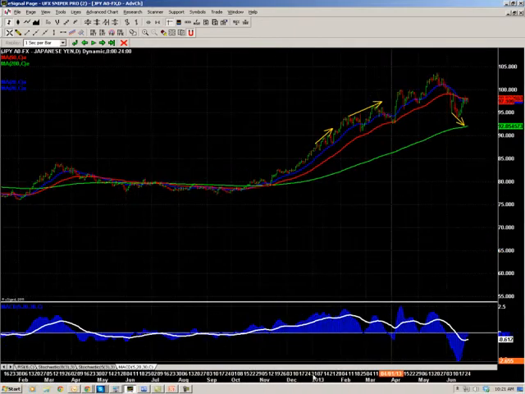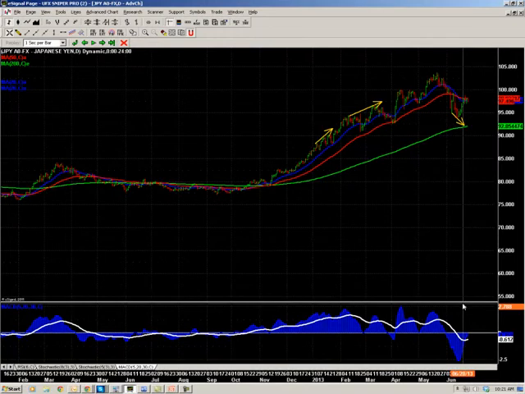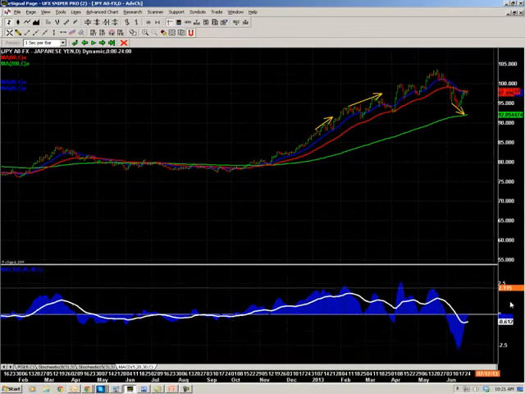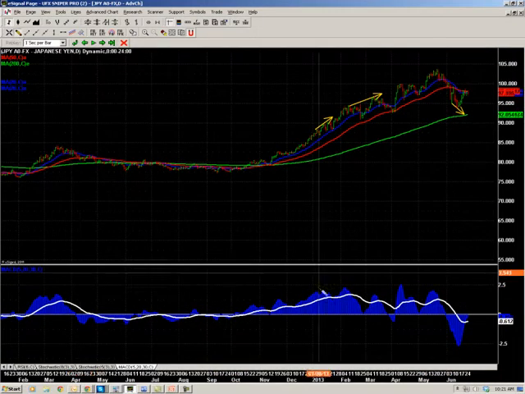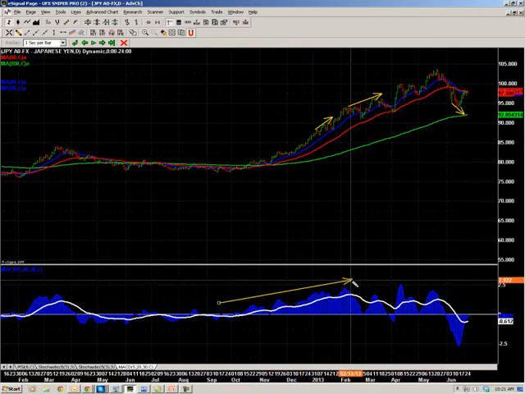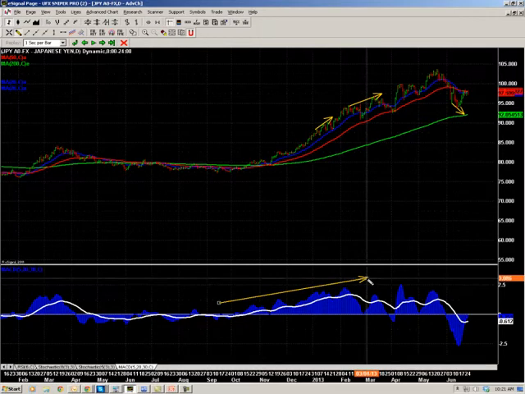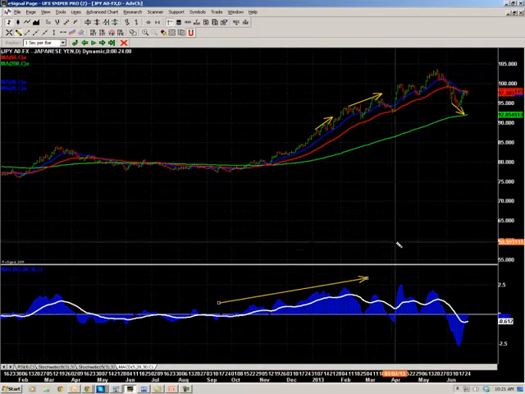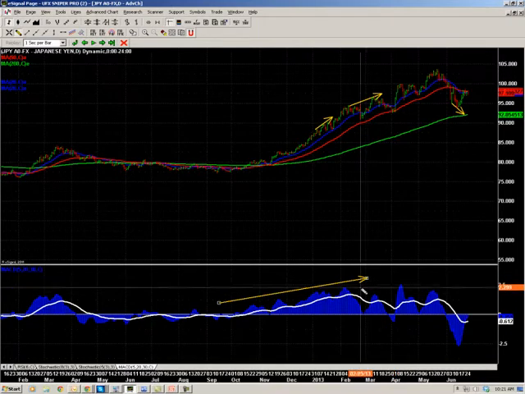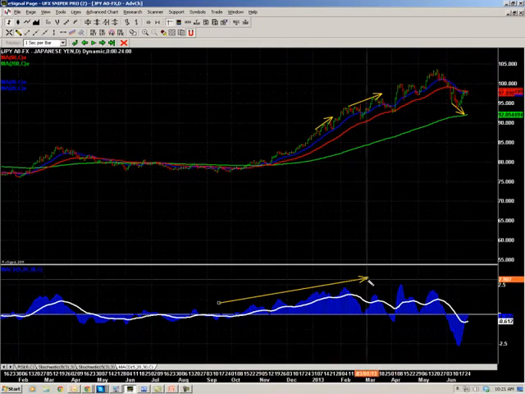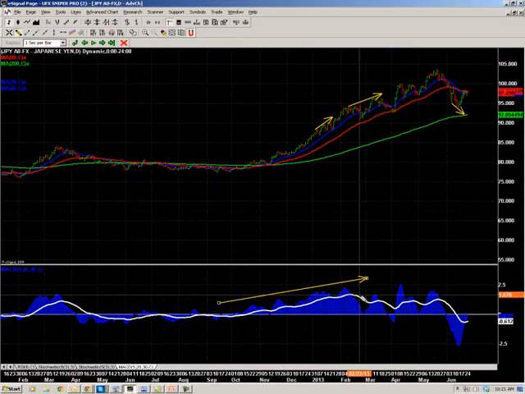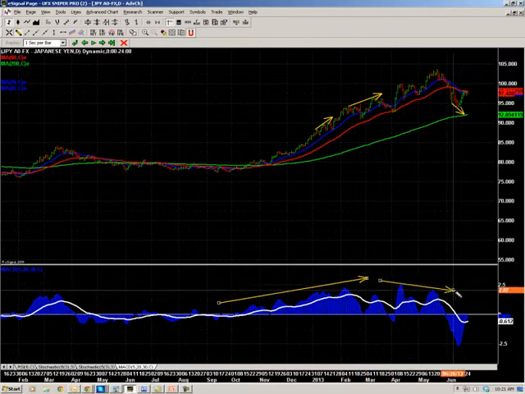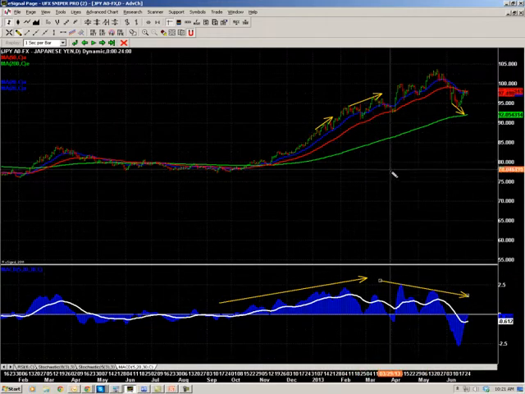This is my MACD. The white line, I use it as a momentum. So there's a momentum behind it that buyers in the market are buying it. Since here it kind of loses the momentum slightly, so it goes up to here, uphill, and then since here it's gone down.